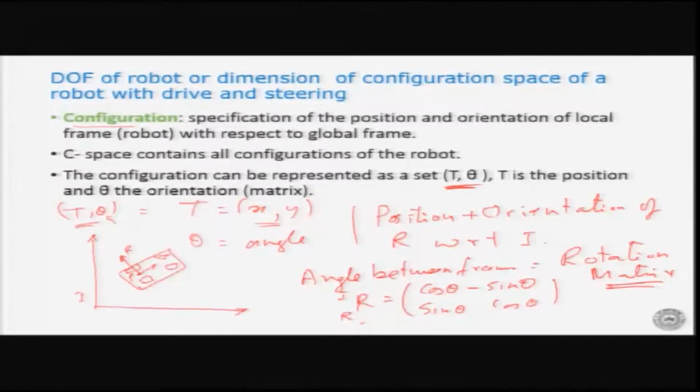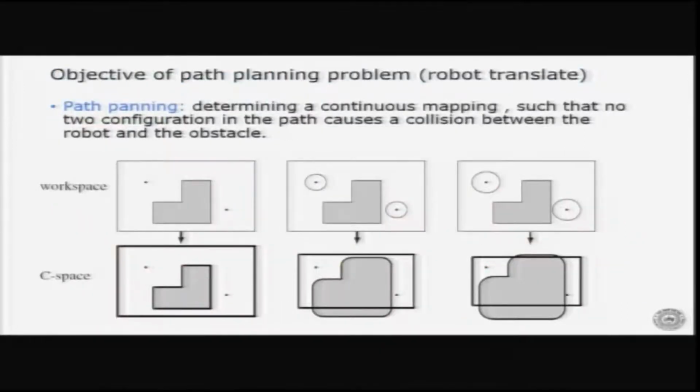Now let us proceed a little bit more today and see how to draw our C space obstacles. So the objective of the path planning problem is we are reducing the robot, a circular robot that can only translate, to a point, and then we are trying to find the path in space.